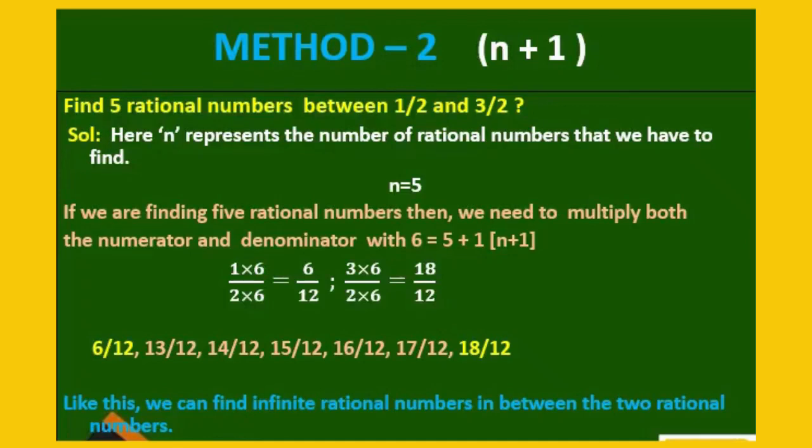You can choose to write any 5 rational numbers out of these. Like this, we can find infinite rational numbers in between the two rational numbers. Dear Slaters, kindly take note that the example that we have considered here had two like fractions, that is 1 by 2 and 3 by 2.